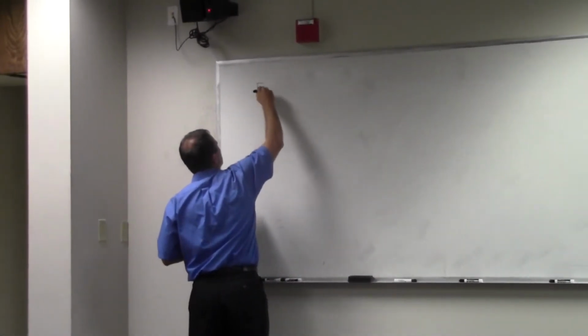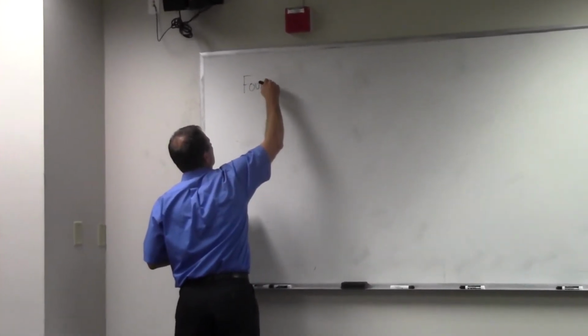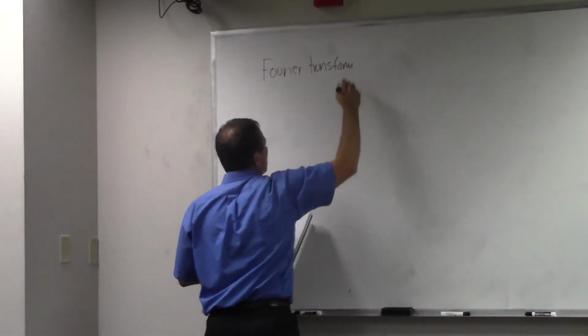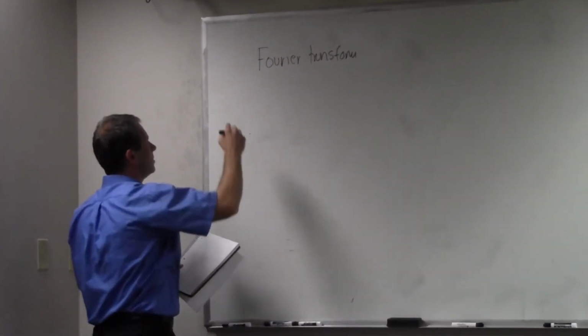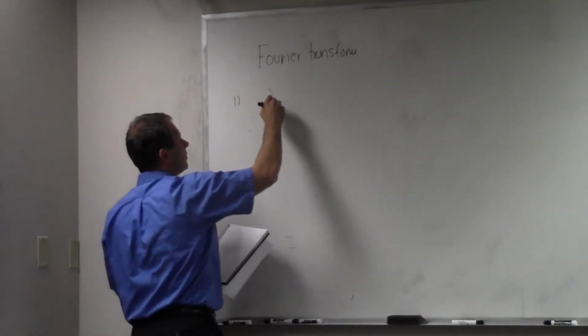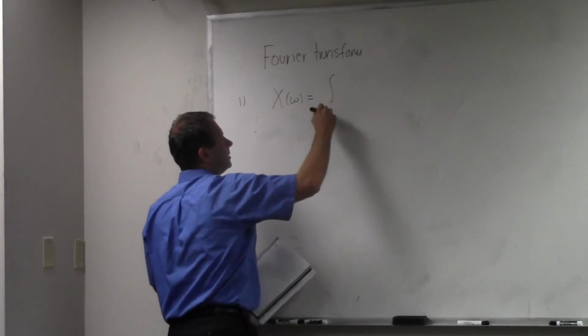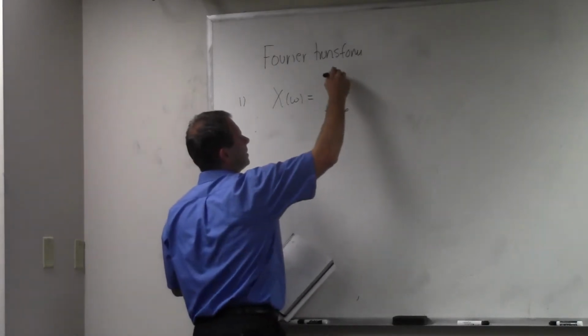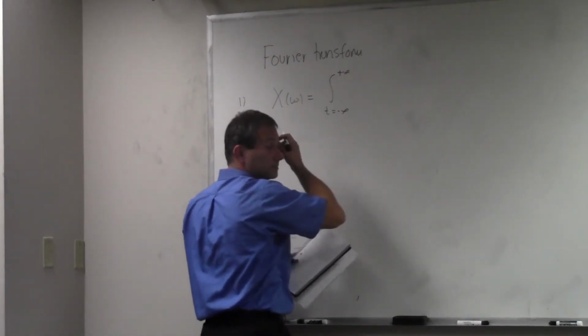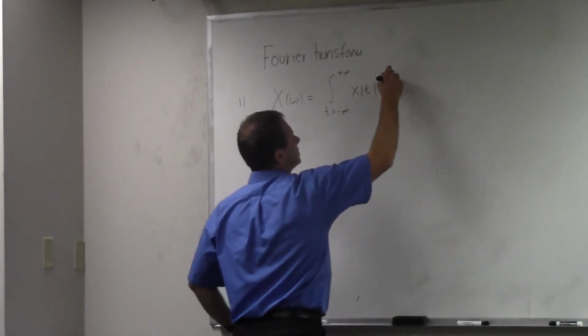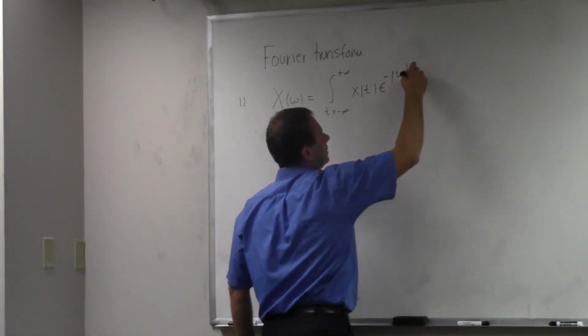We started by talking about the Fourier transform, and this is what we said. There is a direct Fourier transform, X of omega, equal to the integral when t goes from minus infinity to plus infinity of x of t e to the minus j omega t dt.